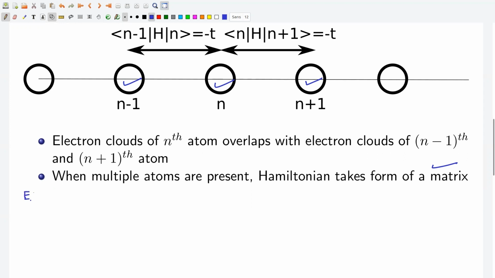Element of Hamiltonian matrix is expressed as H_mn, which is written in this form.